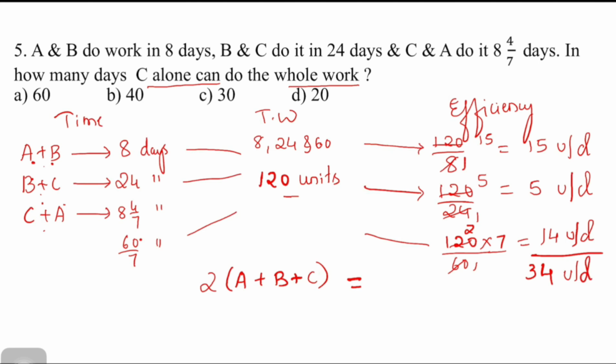On the LHS it is 2 into A plus B plus C, and on the RHS it is 34 units per day. So A plus B plus C in one day will do 34 divided by 2, which is equal to 17 units per day.